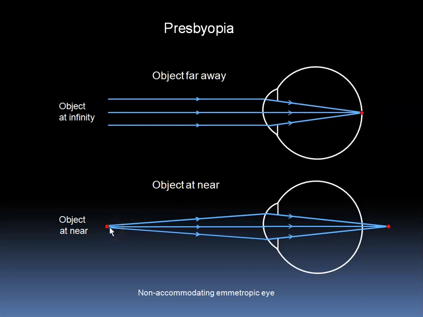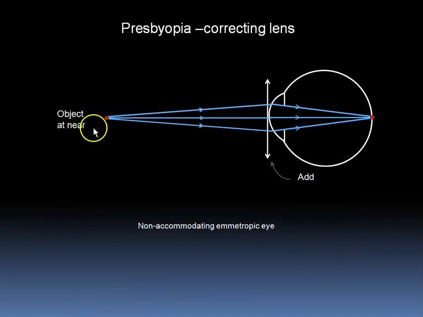In this diagram, the object is closer to the eye, therefore has divergent light, and is now focused by this same optical system too far behind the eye. In this case, we put in a converging lens in front of the eye so that the object at near is then focused more anteriorly and onto the retina.